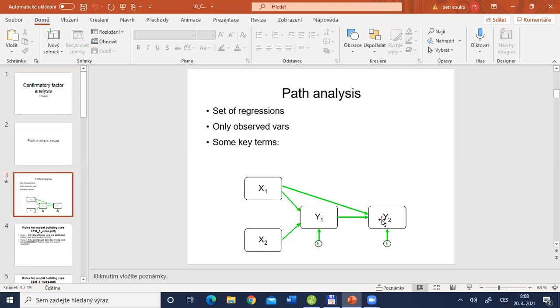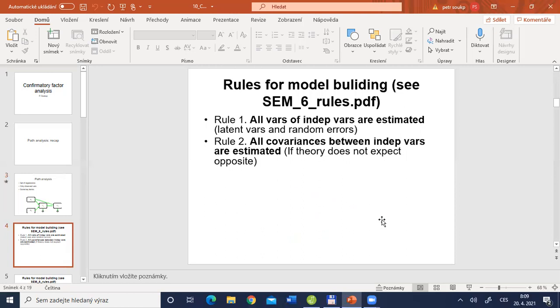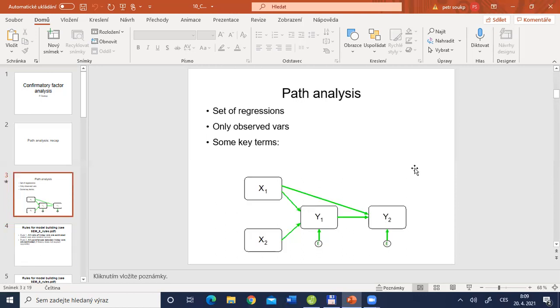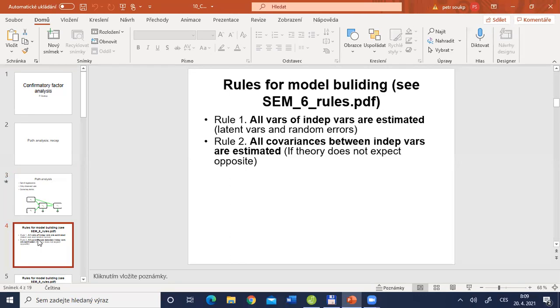And now I would like to go into some basic rules for structural equation modeling, especially for those models that we called correlation, regression, and path analysis. So rule one says that all independent variables, or we know, all variables that are called exogenous, have their variances estimated.